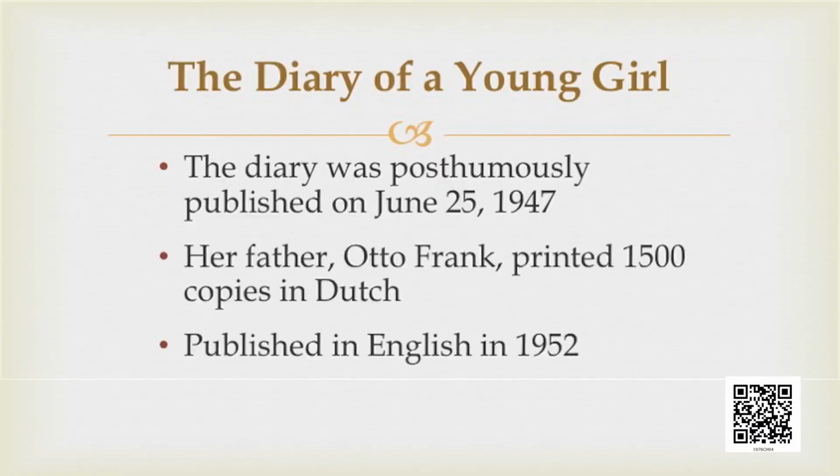So, there is an element of autobiography in it. When all these pages were put together, it became an autobiography of Anne Frank, because she talks about her family, her birthdays, her friends, her sister, everybody. And it was published in English in 1952.